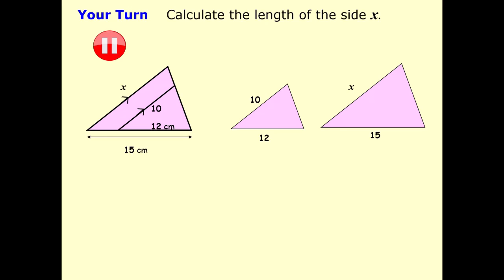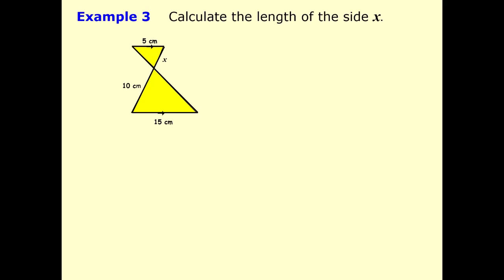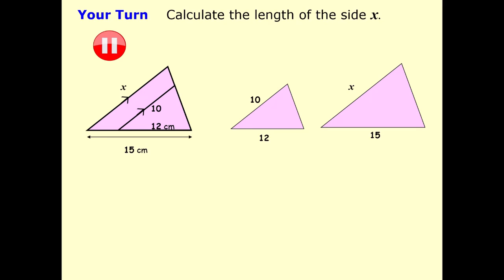Okay, time for the solution. Our larger triangle is our new shape, because that is where the x is, and that's the one we're trying to find out information about. And the smaller one is our old. Starting off as usual, finding our scale factor by new over old.